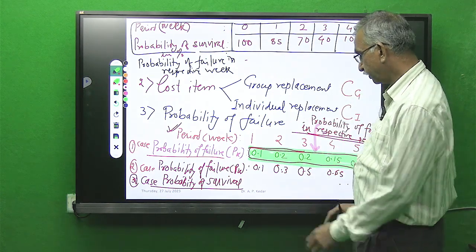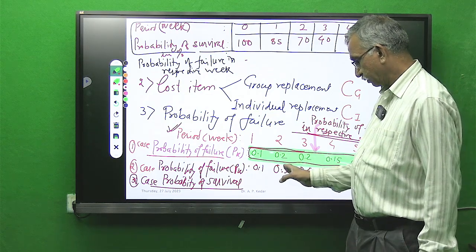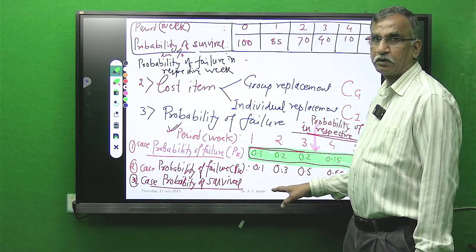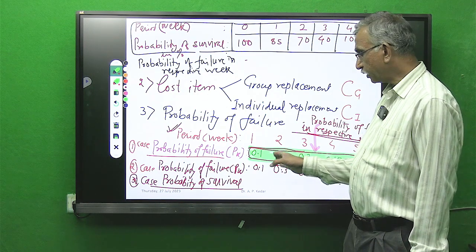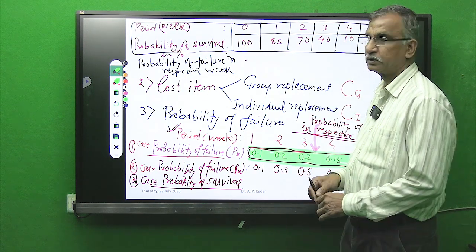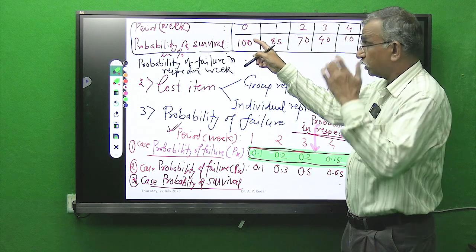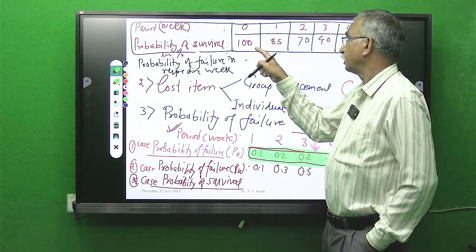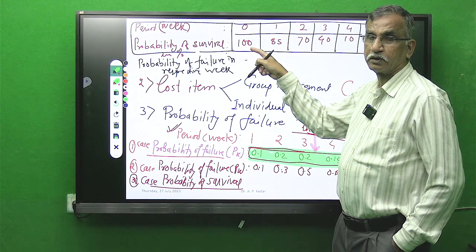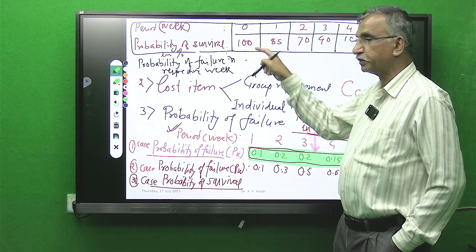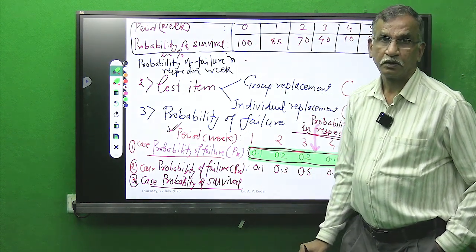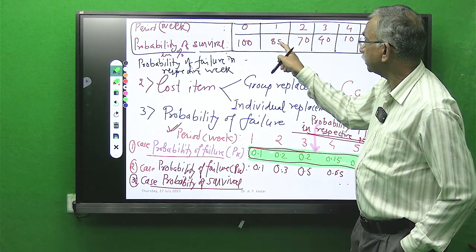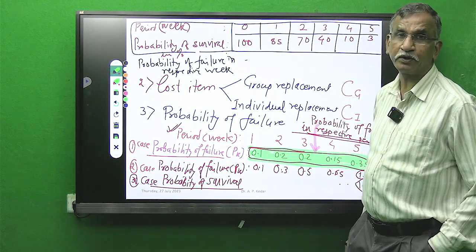Now what we did here was forward value minus backward value. Here we have to do exactly the reverse. Initially, at present moment, there is no probability of failure. Survival is 100%, which means no failure. Now at the end of 1 week survival is 85%.